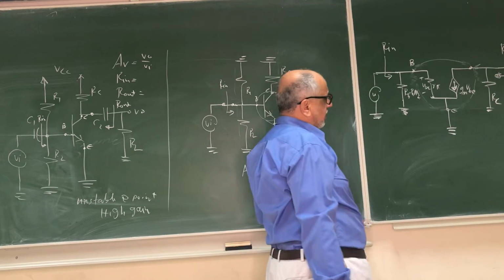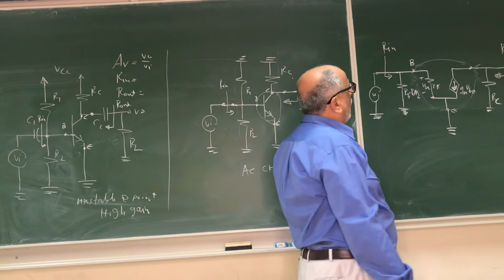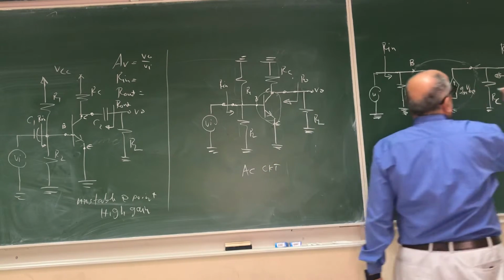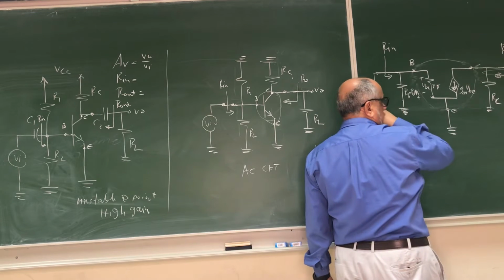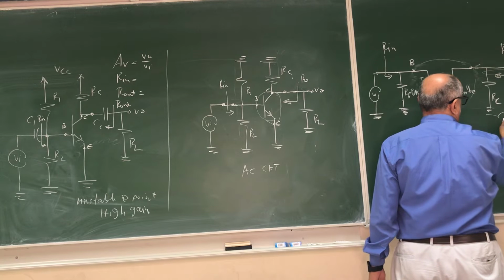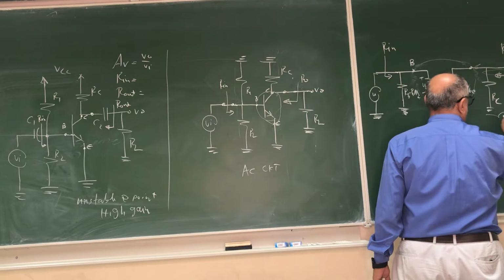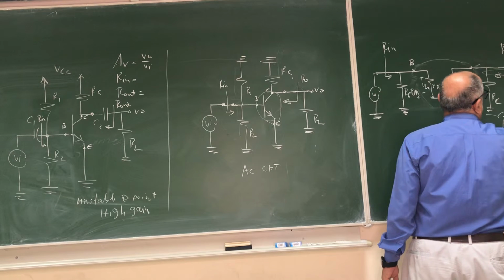Now we can do just simple circuit analysis, right? Where we can find a relation between V out and Vi. So if I combine these two resistors in parallel, I'll call it RL dash, let's say. So RL dash is the parallel equivalent, RC in parallel with RL.